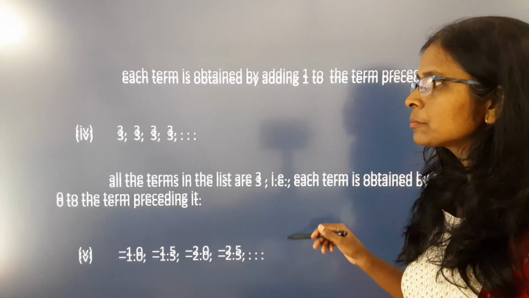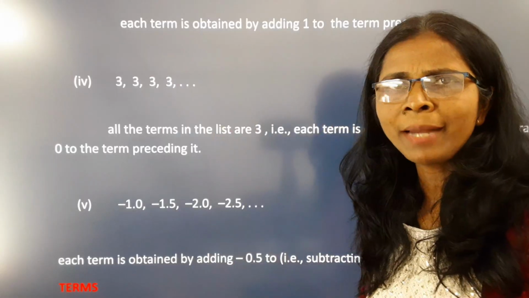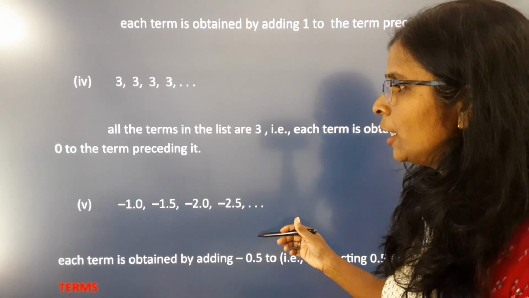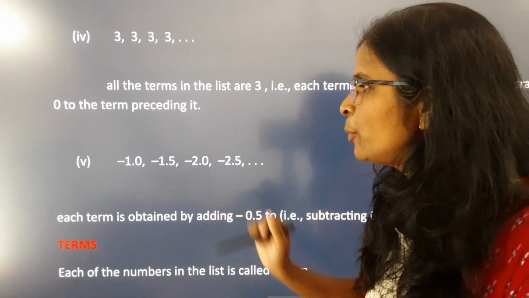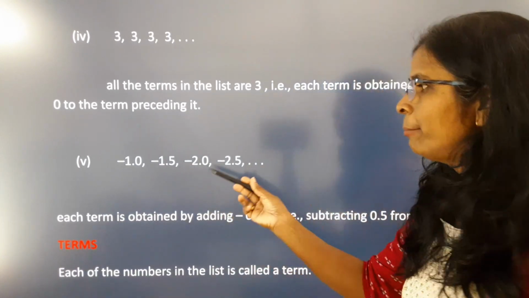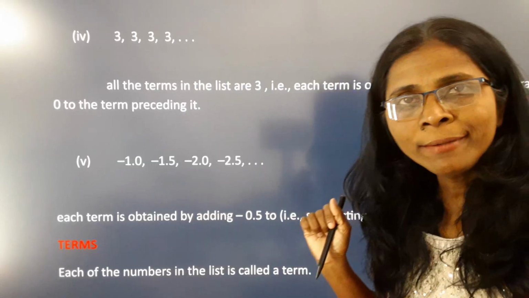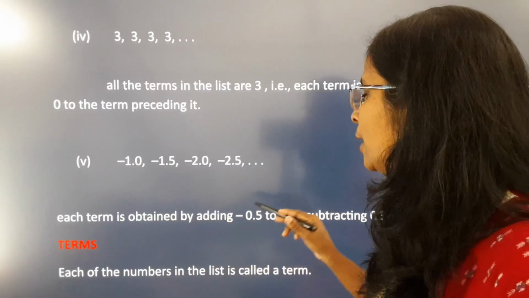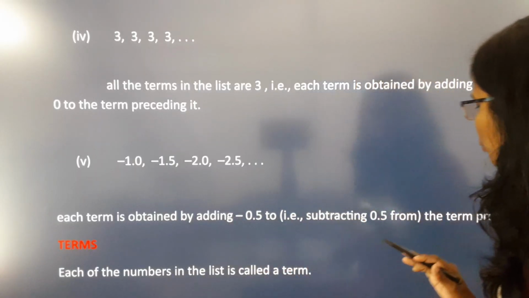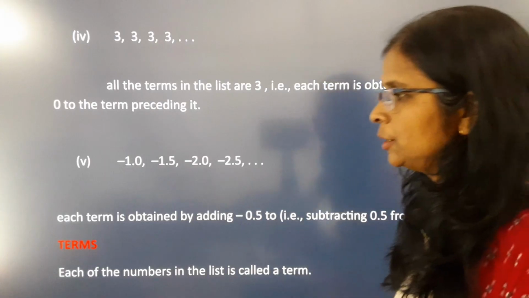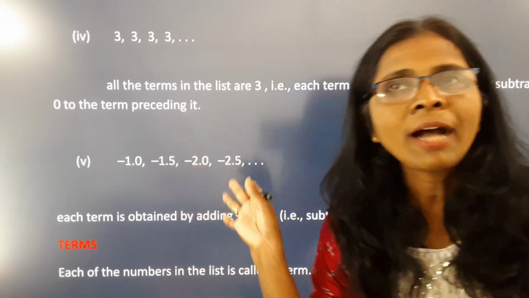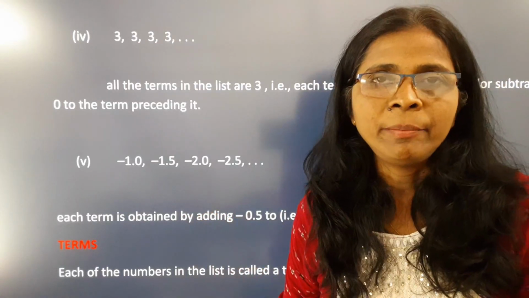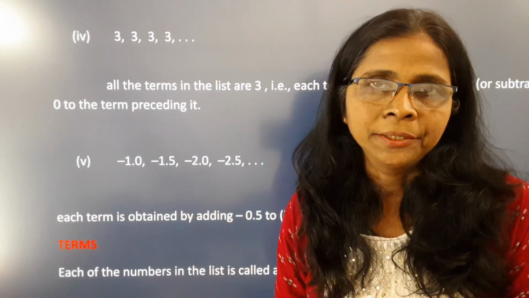So there is also a specific pattern in this list of numbers. Also the fifth example: -1.0, -1.5, -2.0, -2.5, and here each term is obtained by adding -0.5 to the term preceding it. So in these five examples we observe that there is a specific pattern.